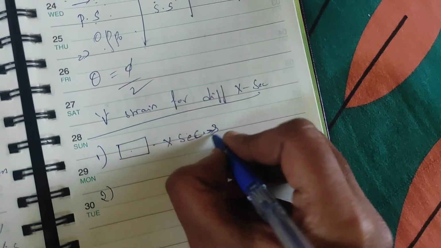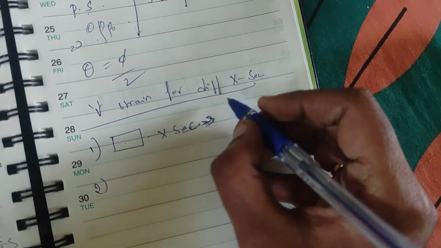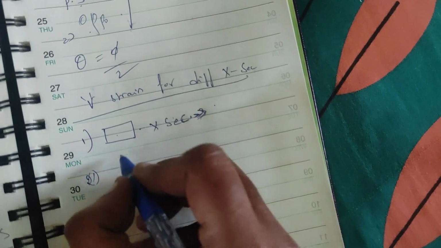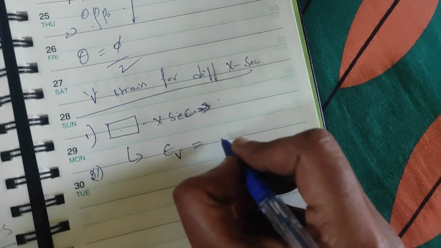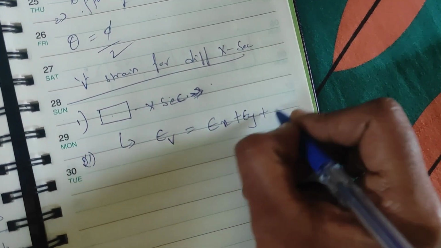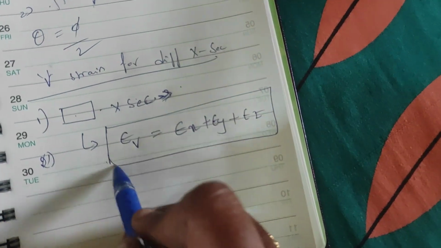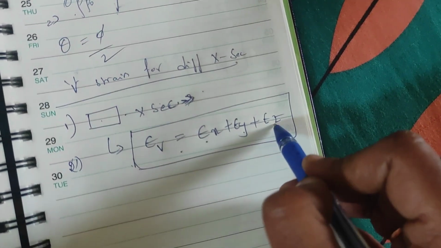That explanation and derivation is not needed. I will be telling the formula directly. For this rectangular cross section, volumetric strain is equal to epsilon x plus epsilon y plus epsilon z.